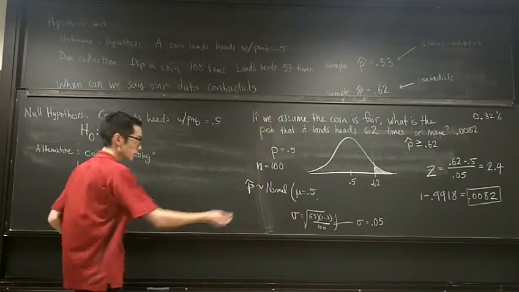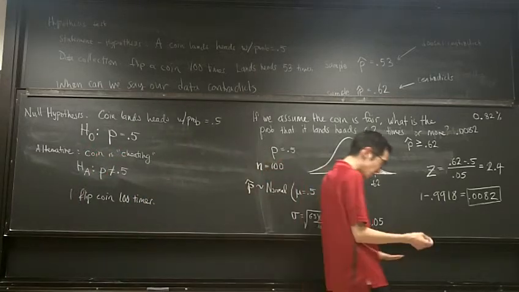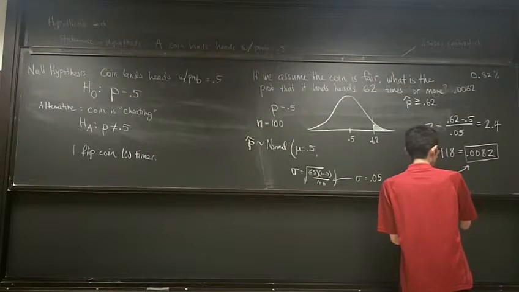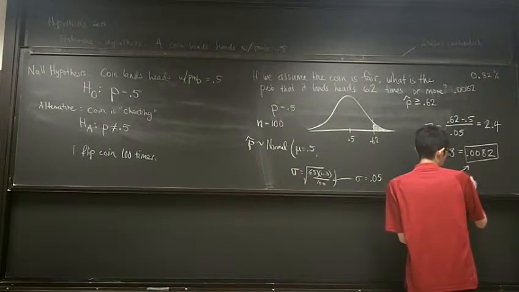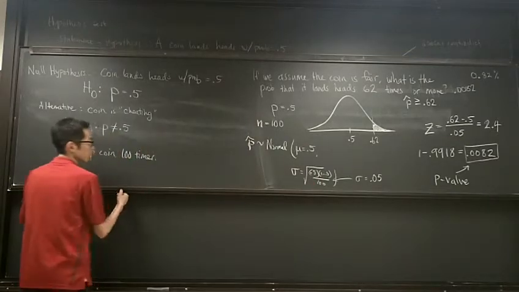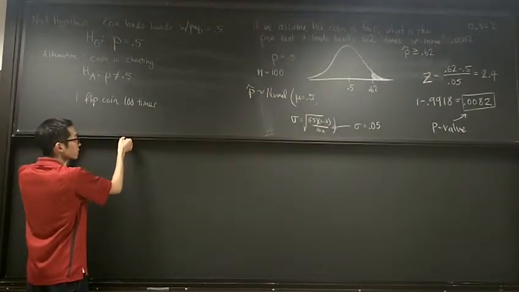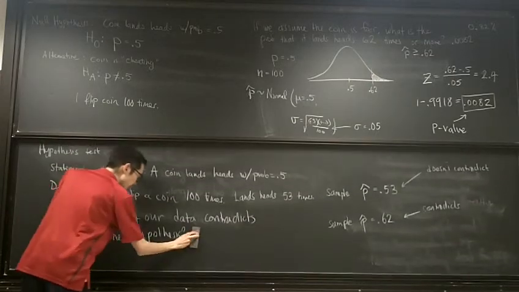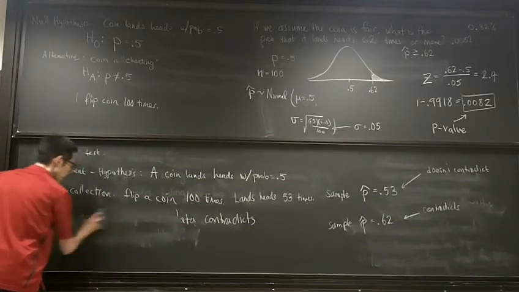So this value here, this 0.0082, is known as our p-value. And again, I just want to try to summarize the ideas going into the p-value.